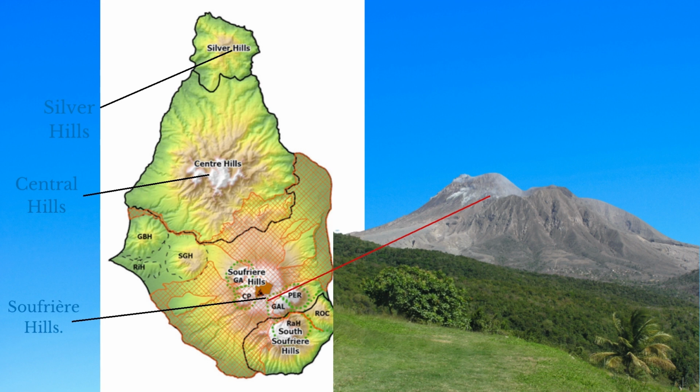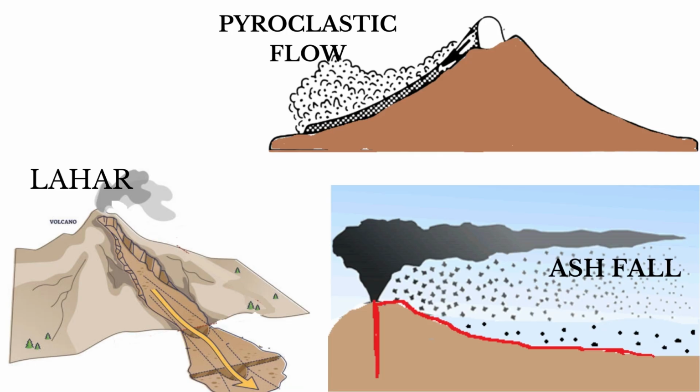We talk about stratovolcanoes, another name for it is composite cone, and it is made up of alternating layers of ash and lava. Now, after being dormant for a long period, the Soufriere Hills became active again in July 1995.